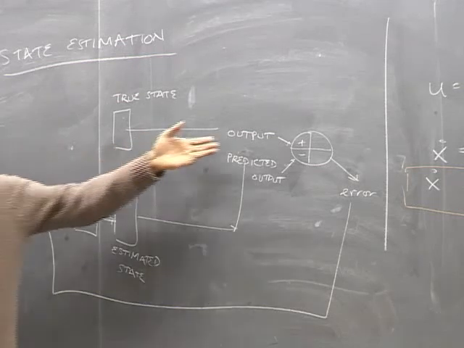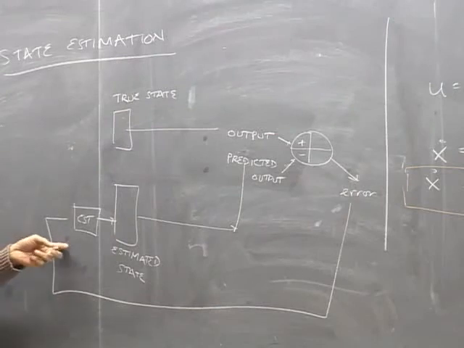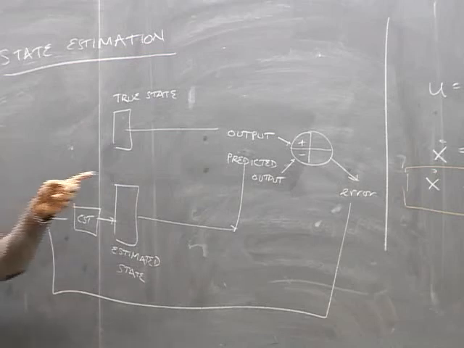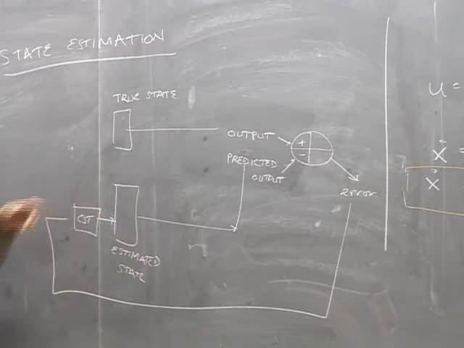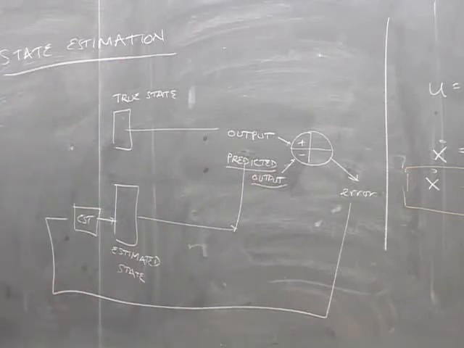But in fact, loss actually happens. So, oops, there's an error. I better go back and fix my estimation because I wasn't okay on that. So we do this, and this loop is essentially a prediction, or basically estimation. We are predicting all the time what the internal state variable is, right? And this allows us to estimate the state.